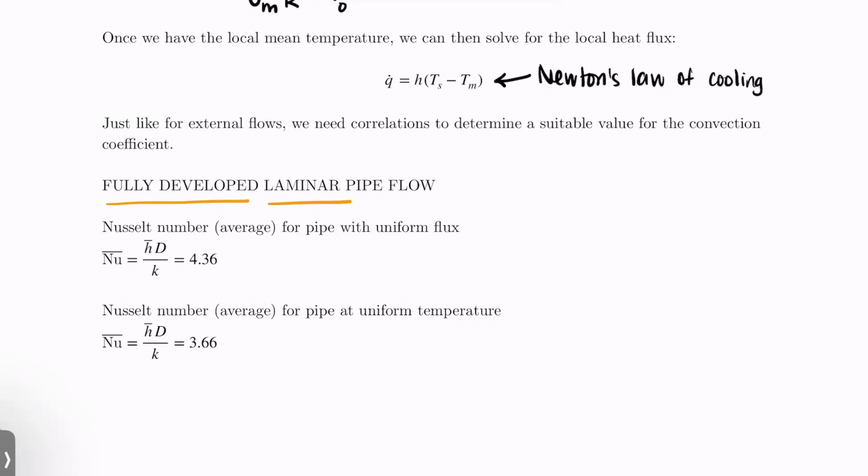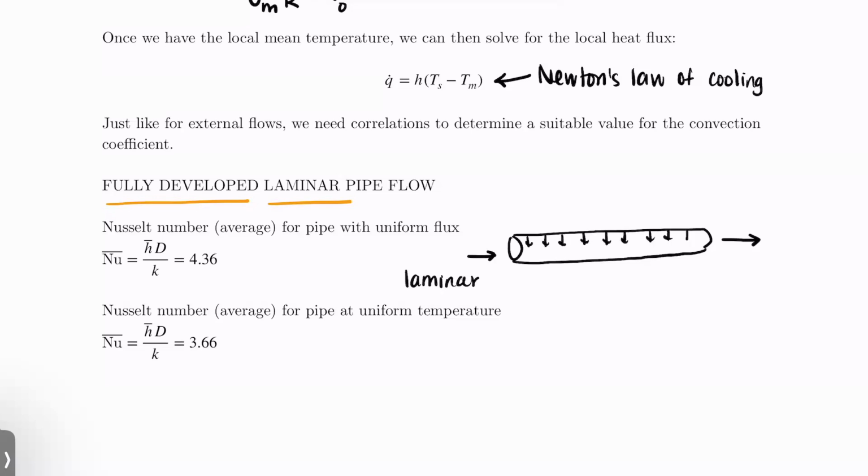And what I mean by that is we have our pipe. So we have flow coming in and it's laminar. And we have a heat flux coming into the fluid. So it's coming from the pipe walls into the fluid like this. So this is Q dot S, and this is a uniform fixed constant value.